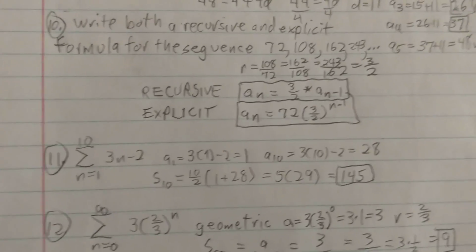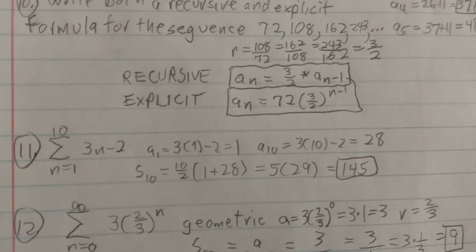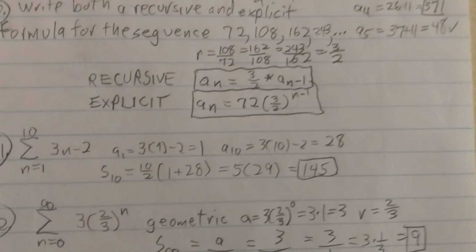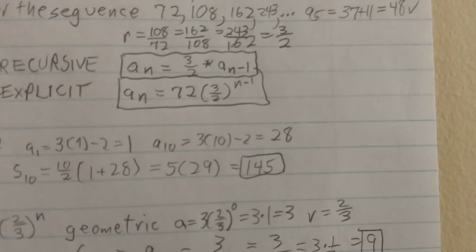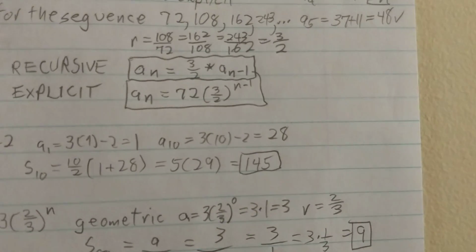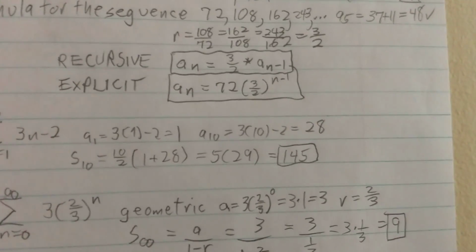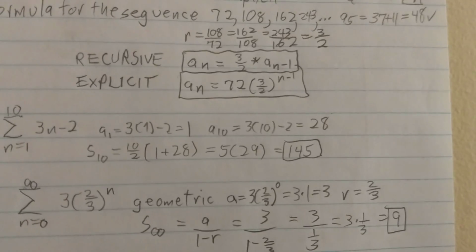Okay, and now for 10, write both a recursive and an explicit formula for the sequence 72, comma 108, comma 162, comma 243 on out. Well, we can see that you can't add because it keeps getting bigger and bigger.